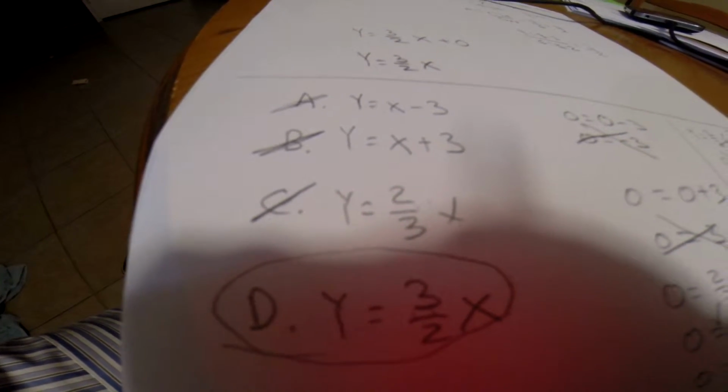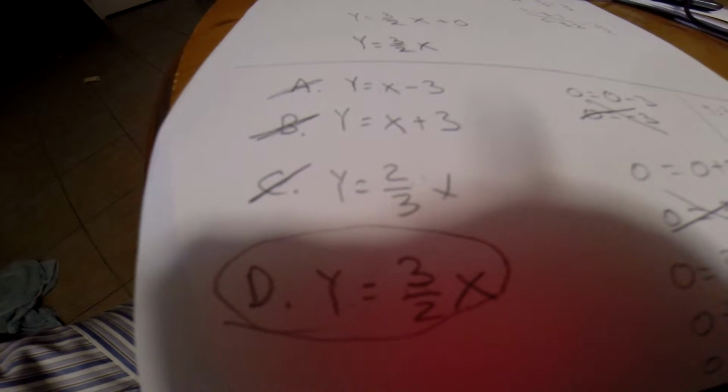So really great strategy on the TSI. If you struggle with math, a really nice strategy, this is huge, is if you can find points on a graph, plug those points in and see which equation works. You have to try everything, okay? That's the one caveat here. That's the one stipulation. That's the one big key point.